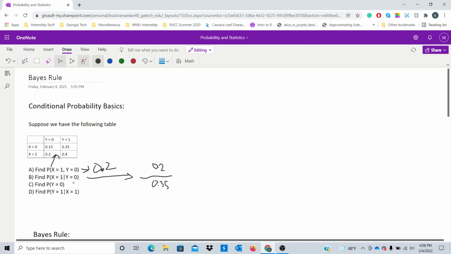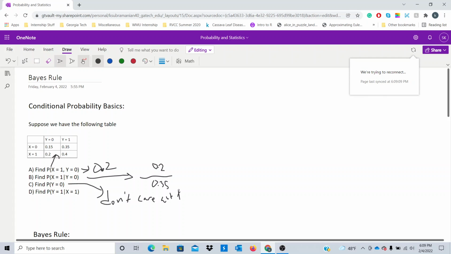Now for part C, we want to find the probability that y equals 0. In this case, we don't care about x. So we have to think about the possibilities of x, which are x equals 0 or x equals 1.